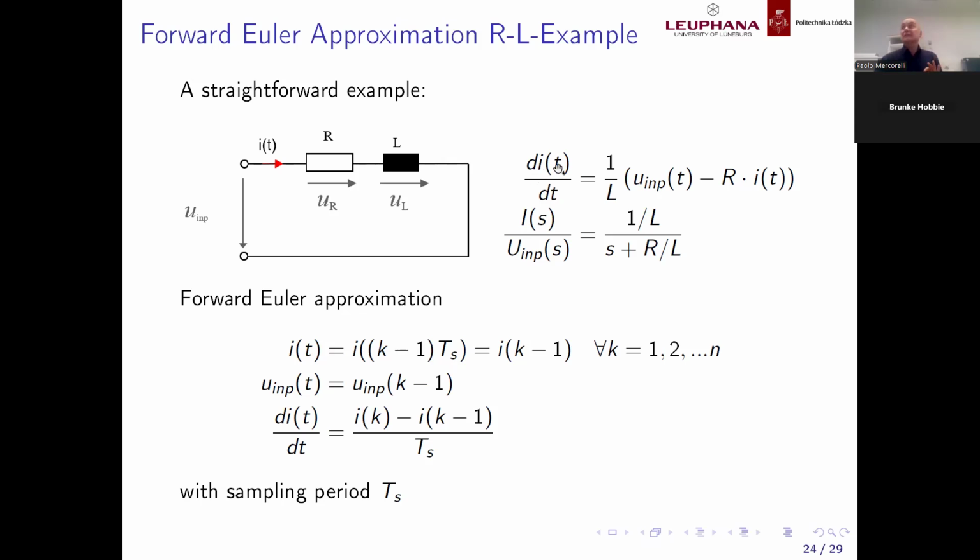The current I of t equals the integral of what I have on the right part. If you remember from high school, or in my courses, automation or dynamical systems, the effect of the integral is a phase delay. Do you remember this? It's a phase delay. I will insist on this a little bit later.